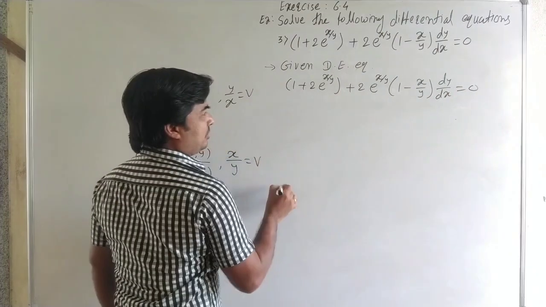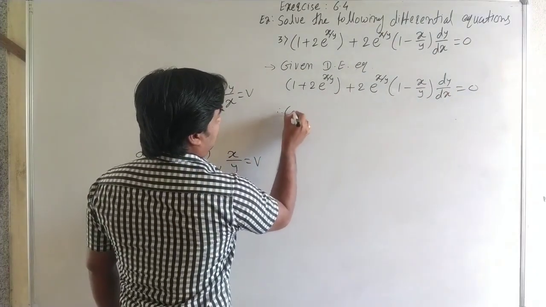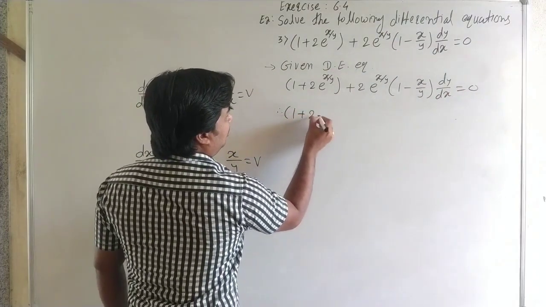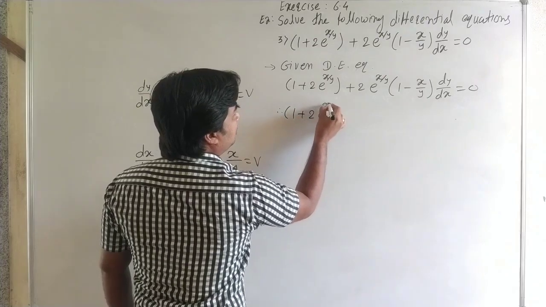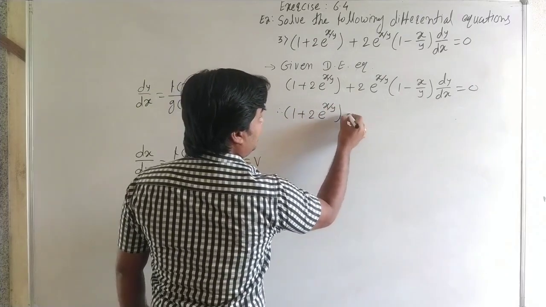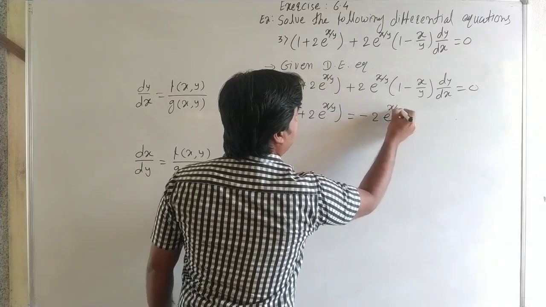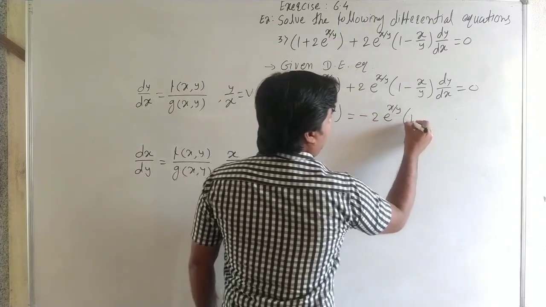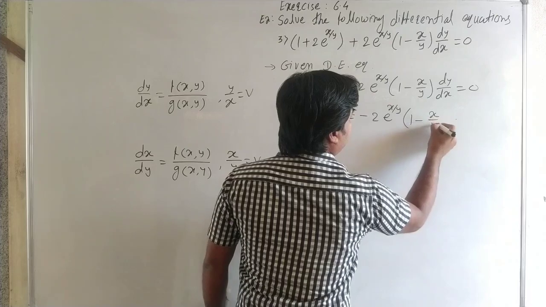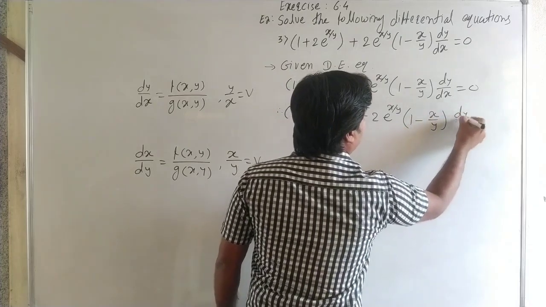It is the given differential equation, so we can write 1 plus 2 into e raised to x by y is equal to minus 2 e raised to x by y into 1 minus x by y, dy by dx.